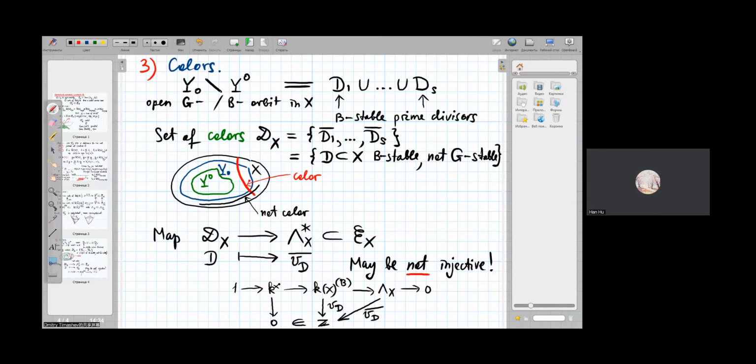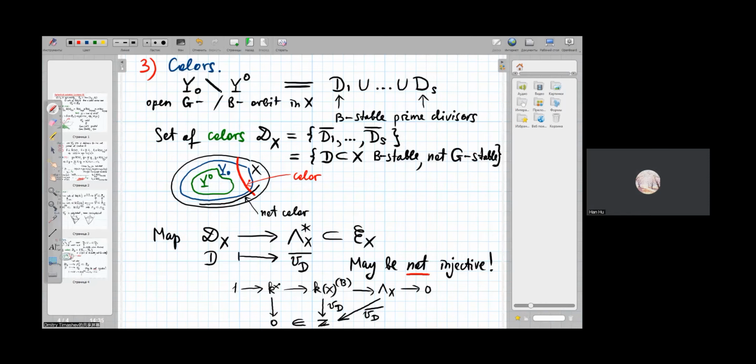So in this section, you make a difference between the valuation and the linear function. Exactly. Here it is important because this map from D to V_D bar, or from V_D to V_D bar, may be not injective.